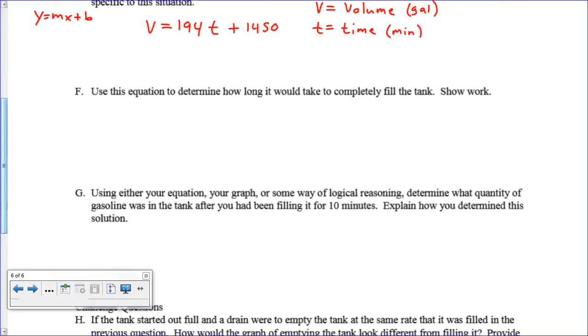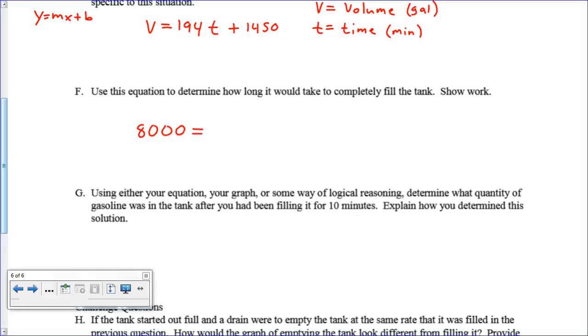Okay, using this equation to figure out how long it's going to take to fill the tank completely. So if the tank is completely filled, if you look back on the first page, it has a volume of 8,000 gallons. So we know that our volume would be 8,000 when it's filled, just plugging into this equation that we've got there.